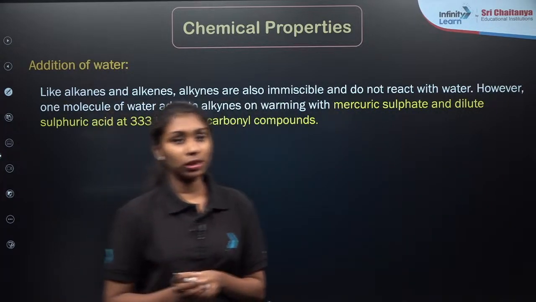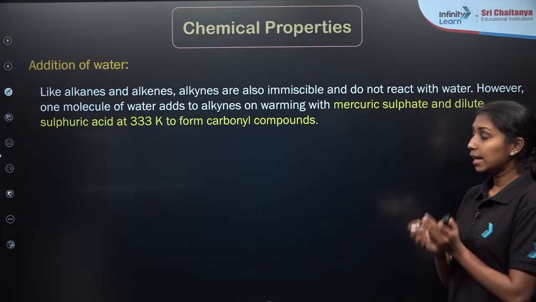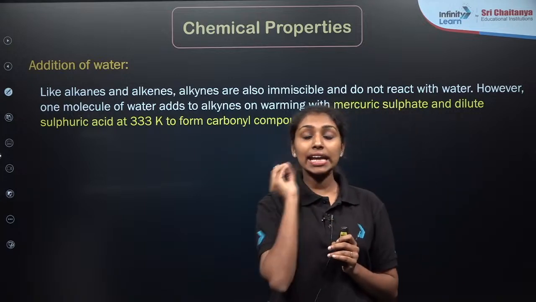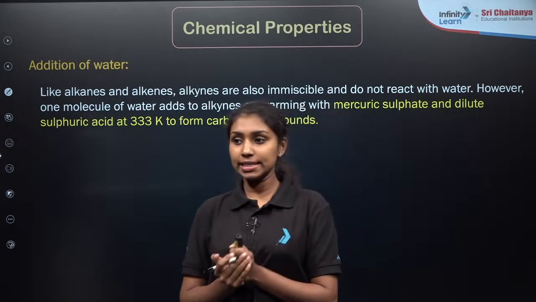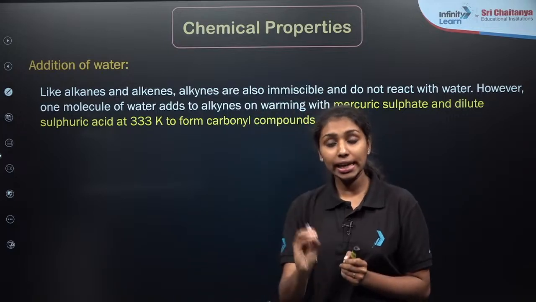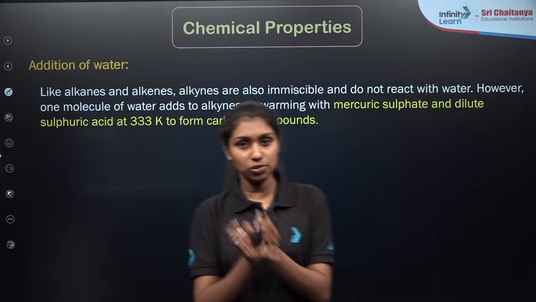Now let us talk about the addition reaction along with water in the case of alkynes. Here we have already seen the physical properties of alkynes. Alkynes are generally insoluble in water, right? So if you are trying to dissolve the compound in water, it will be insoluble.